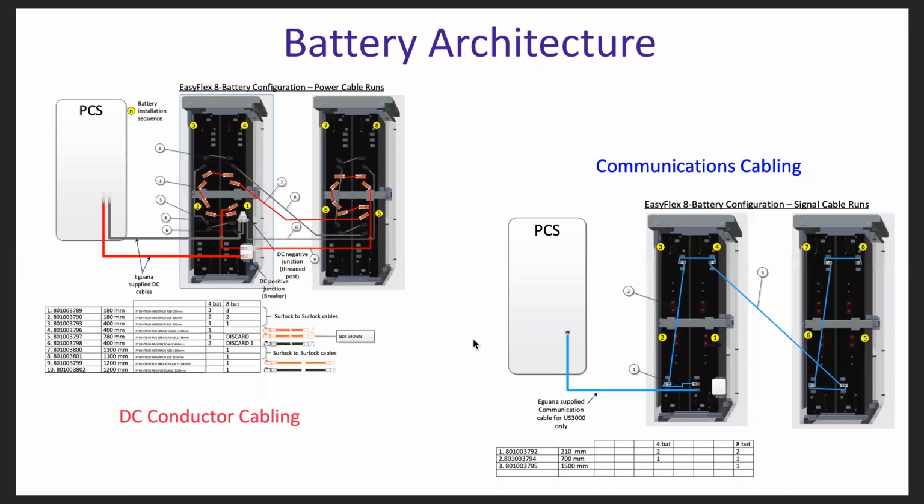So it is very important to pay attention to the communications cabling, especially some of these input and output ports, as it's directional in terms of the communications layout. So I won't go into too much detail there, but please be aware that those are laid out in the install manual and it's important to follow them closely.